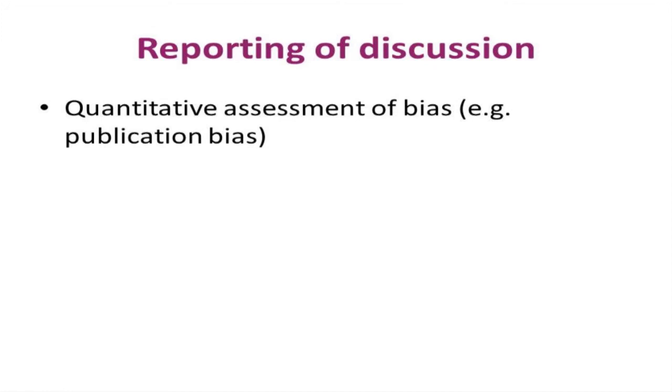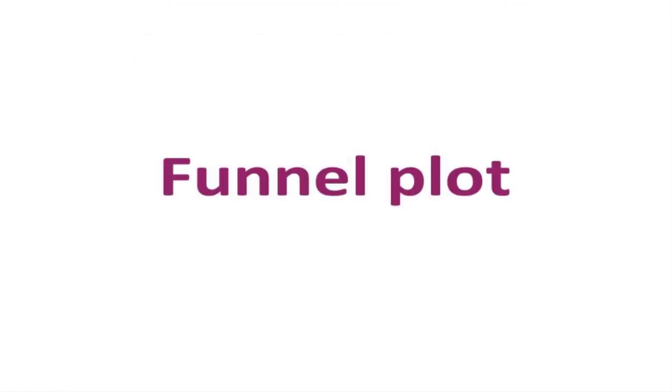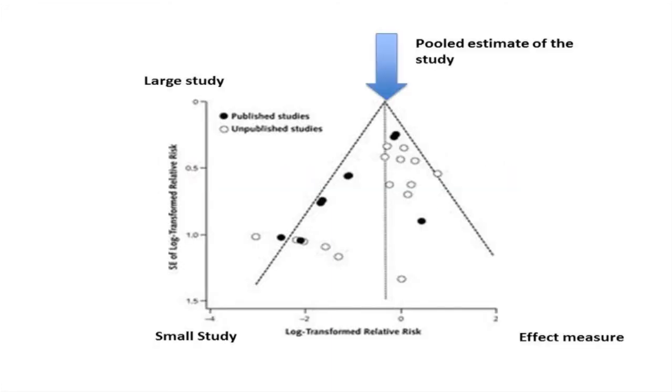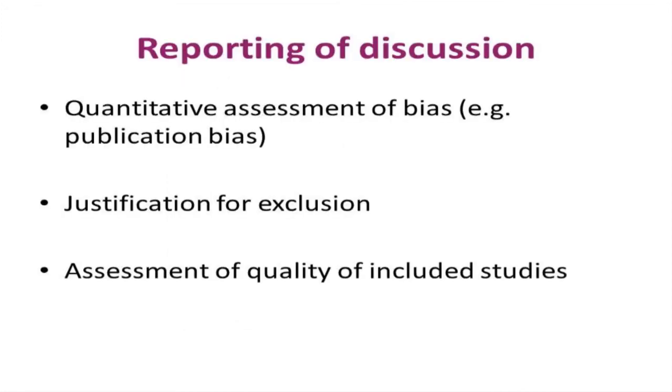I guess you talked about funnel plots also this morning? Yes, because one way to assess publication bias is funnel plots. So that's nothing new to you. So now you have discussed your bias.